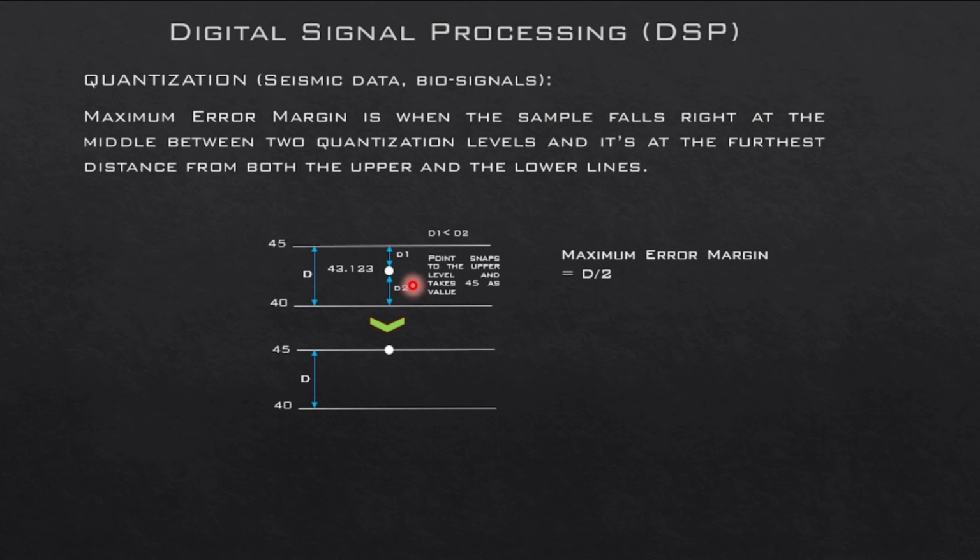So it needs to be snapped to either of them, but in either case it is much further. Meanwhile, for this example here, it is around 43.123, which is the closest to 45, so you didn't actually lose that serious amount of accuracy. Meanwhile, when it's in the middle, you have the mid-distance error, which is the maximum error excursion, equivalent to d over 2.